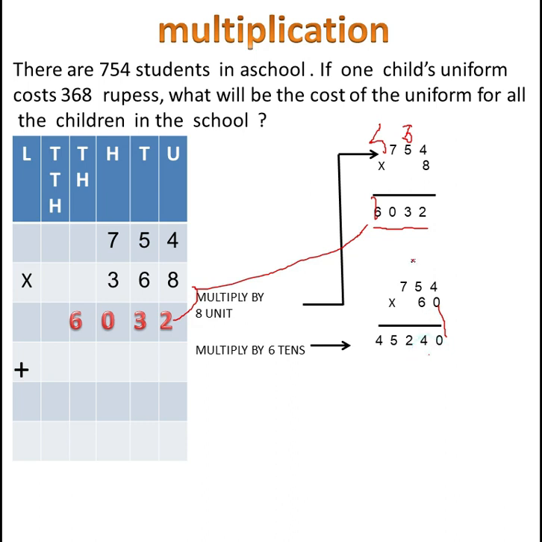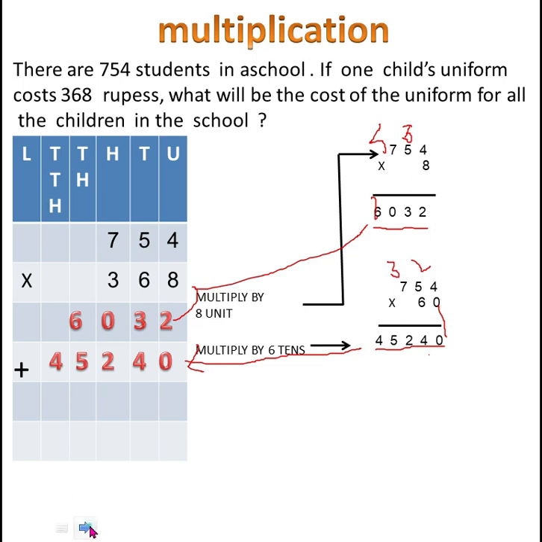I write 4 here and 2 carried forward. 6 into 5, 30 plus 2, 32. 3 carried forward. 6 into 7 is equal to 42 plus 3 is equal to 45. We will get this value, 45,240. I will write this value in this place.